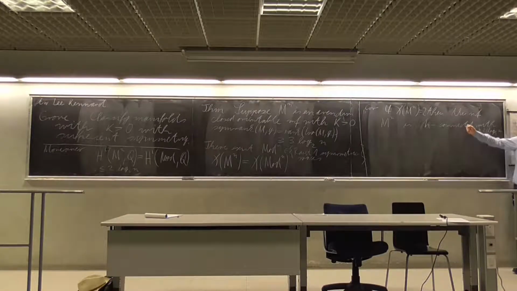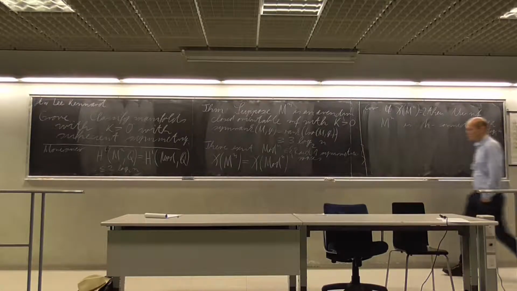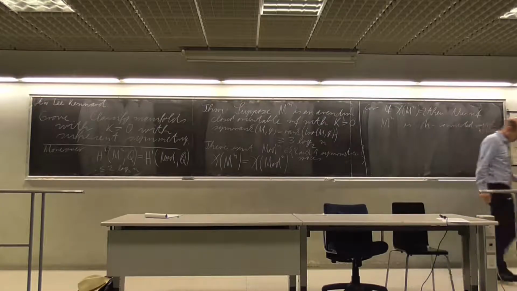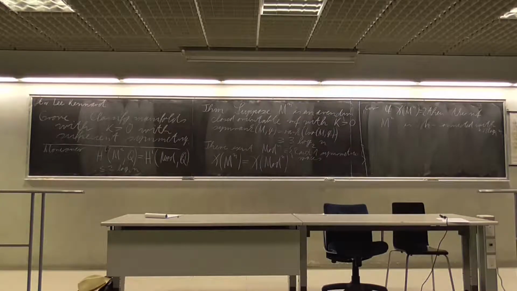So in this case, it's not just rationally the same homology as the sphere, but integrally. Right? So if the Euler characteristic is 2, then also integrally we have the same homology in low degrees as we see on the sphere, right?